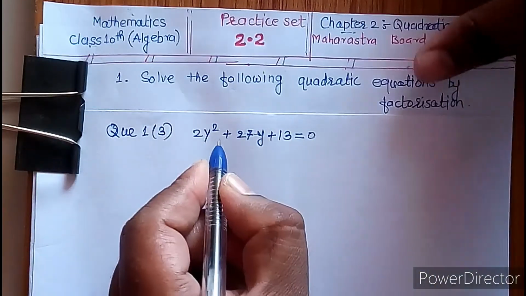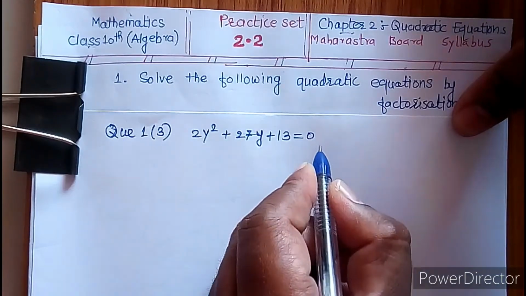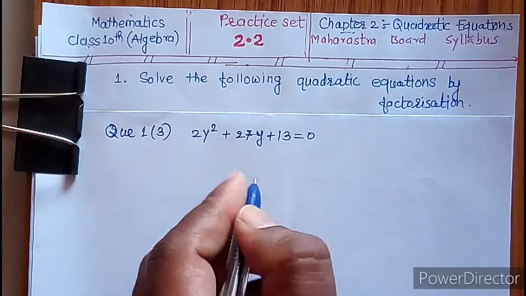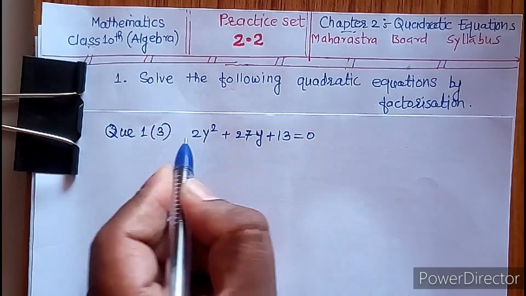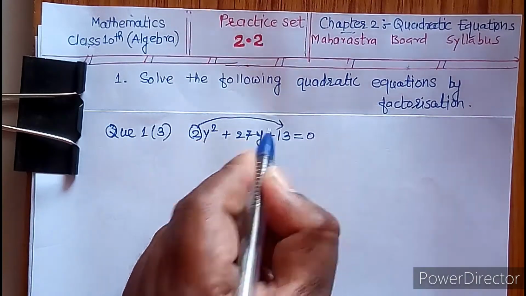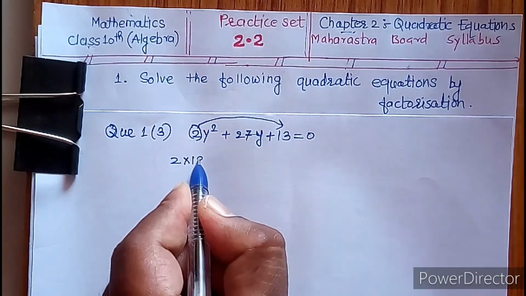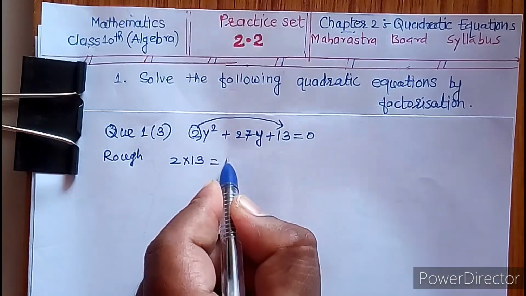Question 1, sub question 3, that is 2y square plus 27y plus 13 equals 0. We have to factorize this quadratic equation. Here the coefficient of y square is 2, therefore multiply this 2 with this 13, we get 2 into 13. This is rough. 2 into 13 is 26.